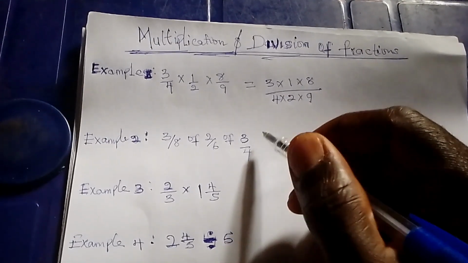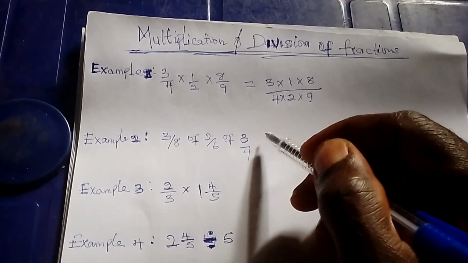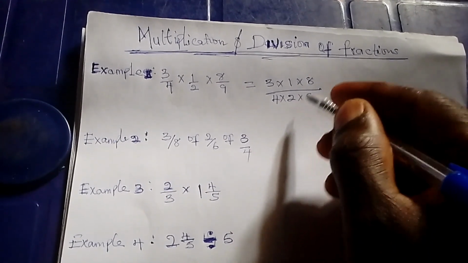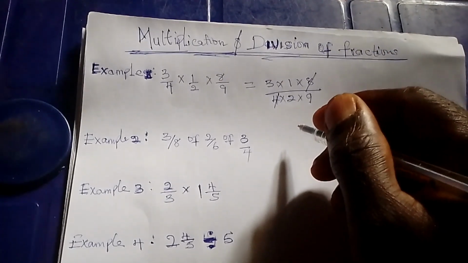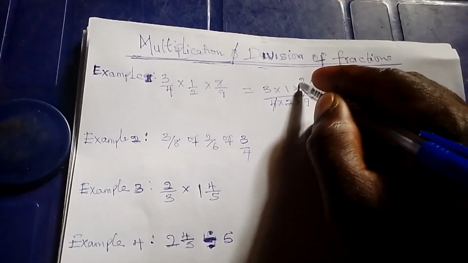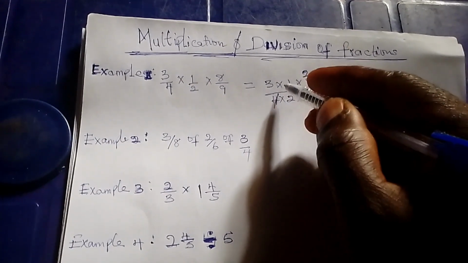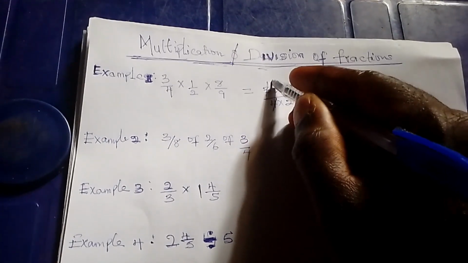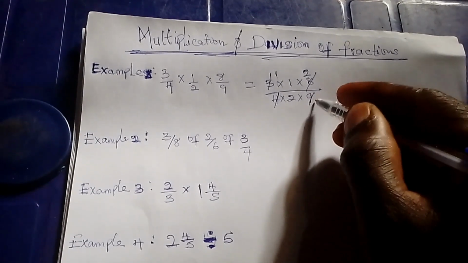So at this juncture, you look for cancellation. Here, 4 can cancel 8, or 8 divided by 4 will give us 2. And again, 3 here can cancel to give us 1, and 9 divided by 3 will give us 3.